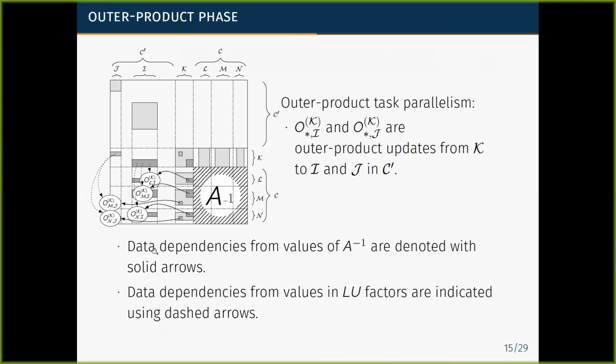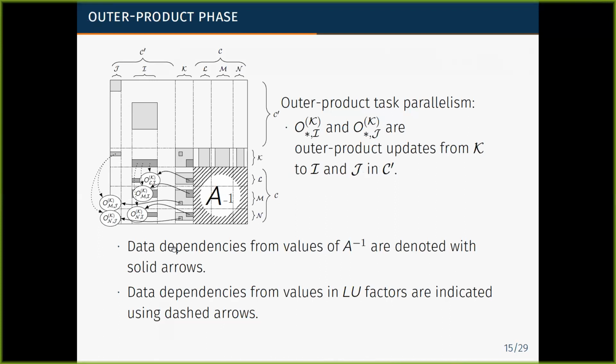Since it's a left-looking algorithm, this part of the matrix here has already been computed. Supernode K is the supernode that is currently being computed. It has just been inverted, and as a result, you need to update the entries to the left of it.